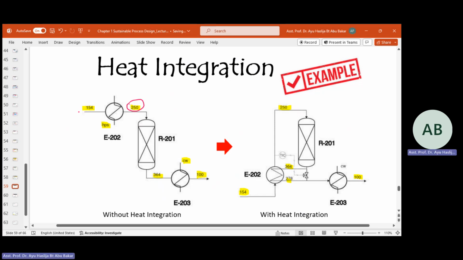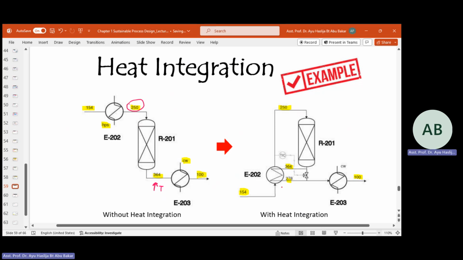The feed, perhaps from your starting stream, is at 154 from your supply. You need to heat it up until 250. You need here one heat exchanger. Now, the effluent at high temperature needs to cool down to 100 using cooling water.